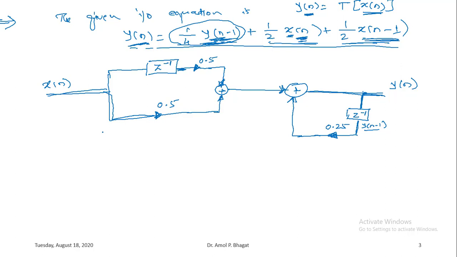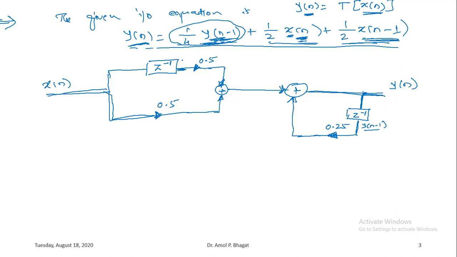We'll again use these basic building blocks, but there we use cascade realization, parallel realization, lattice ladder structure realization, and frequency sampling realization. All those realizations we'll look at in the fifth and sixth unit.